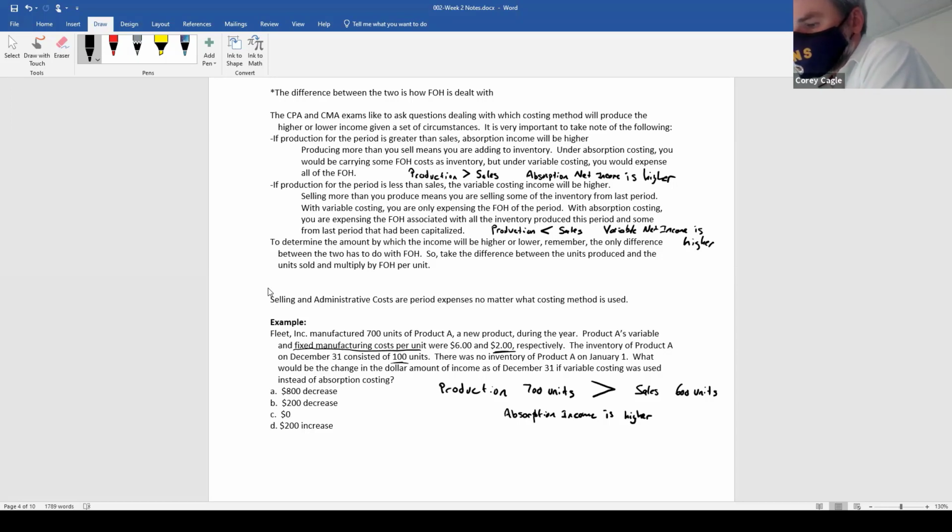So 700 units produced minus 600 units sold. 100 unit difference times $2 fixed overhead per unit.